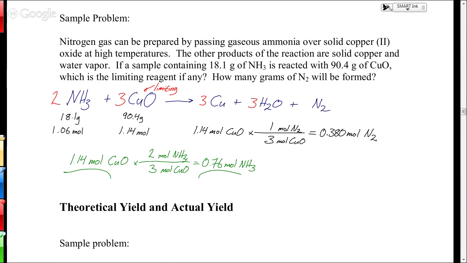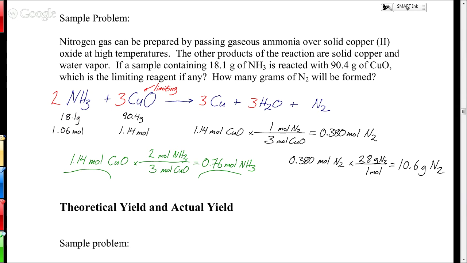And then we can convert that to grams. Okay. So from those amounts, we should make 10.6 grams of nitrogen and have a little bit of ammonia left over.